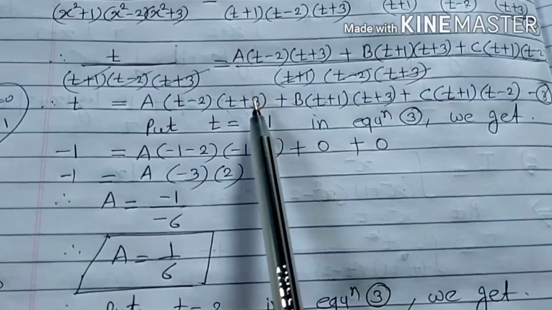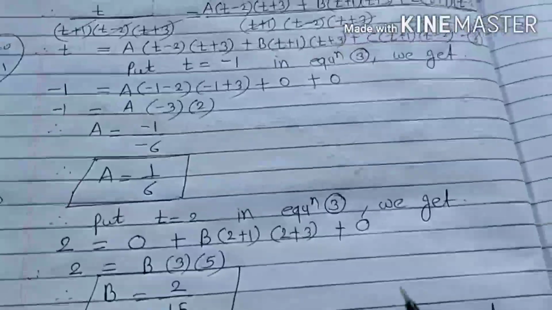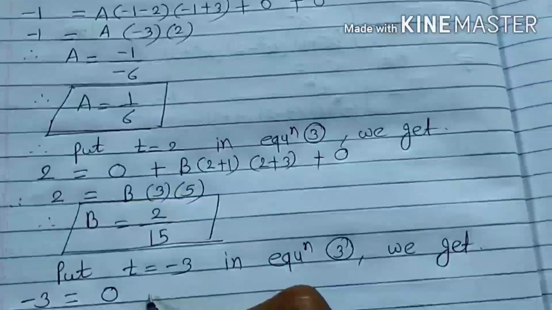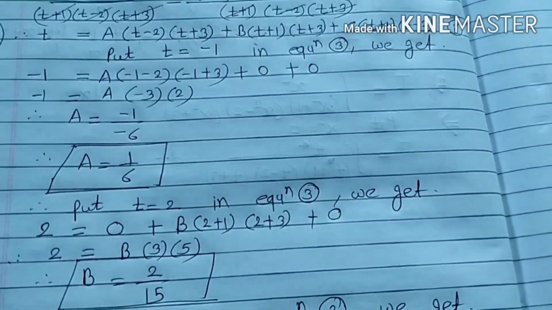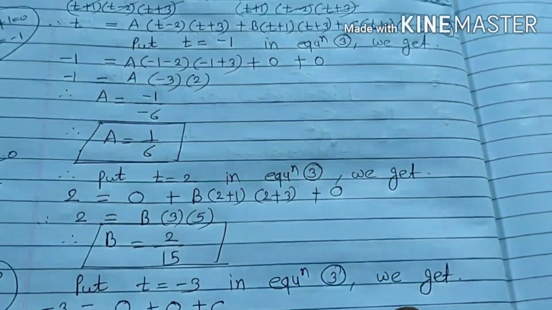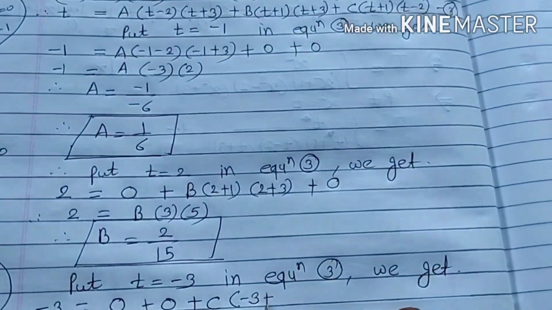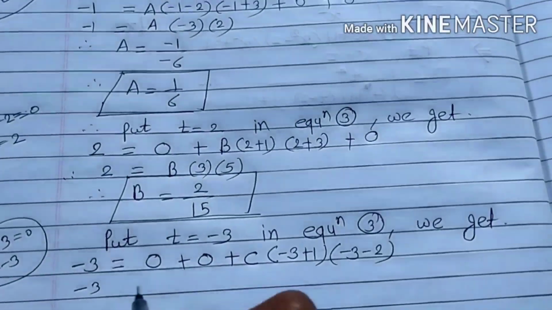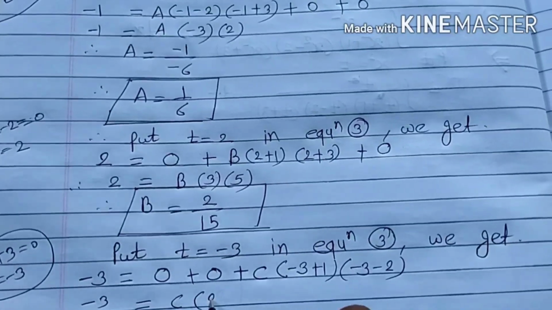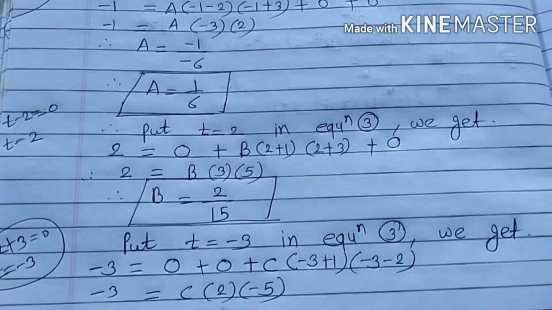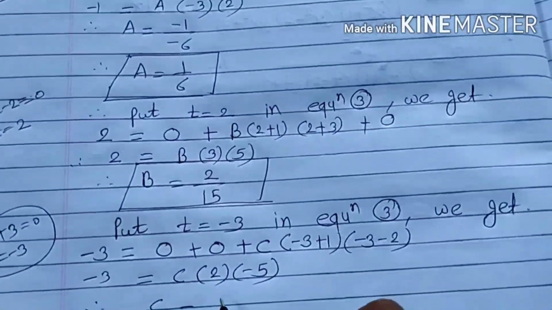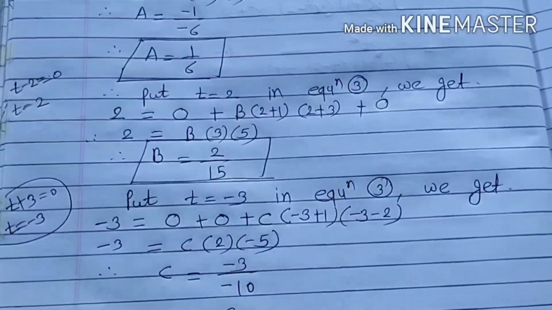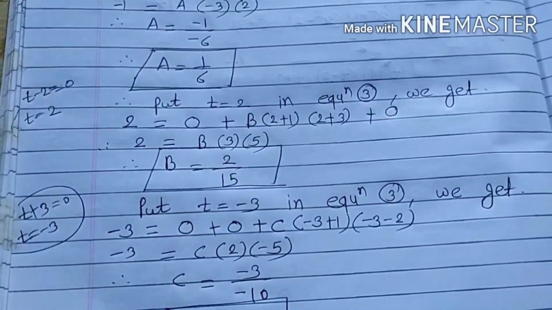So we get a 0 and b 0, so only the value of c remains. So 0 plus 0 plus c into (minus 3 plus 1)(minus 3 minus 2). Now calculate this. So it is minus 3 which is equal to c into 10. Therefore we get c is equal to minus 3 upon minus 10. So c is equal to 3 upon 10. This is the value of c.